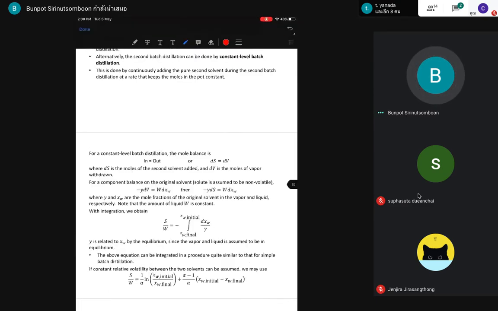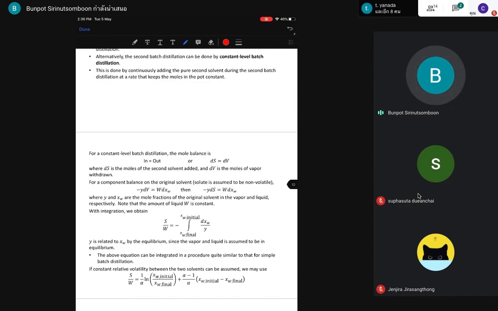For example, originally you have compound A dissolved in solvent B, but you want to dissolve A in solvent C instead. So you remove solvent B and replace it with solvent C. The way you do it is by boiling off the original solvent B, but continuously adding the second solvent C to replace it.